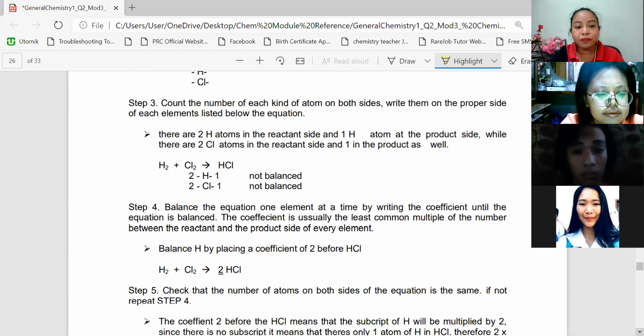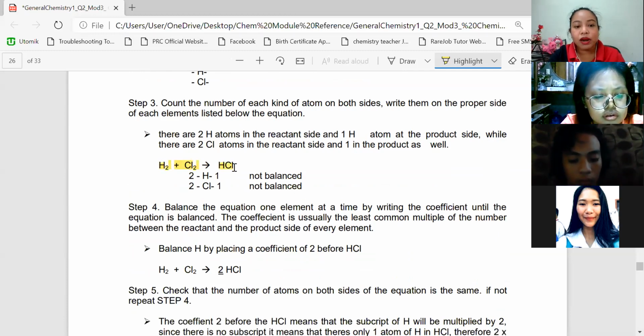The reactant side is before the arrow, and this is the product side. On the reactant side, how many hydrogens do we have? 2. There is a subscript 2, so it means there are 2 hydrogens.